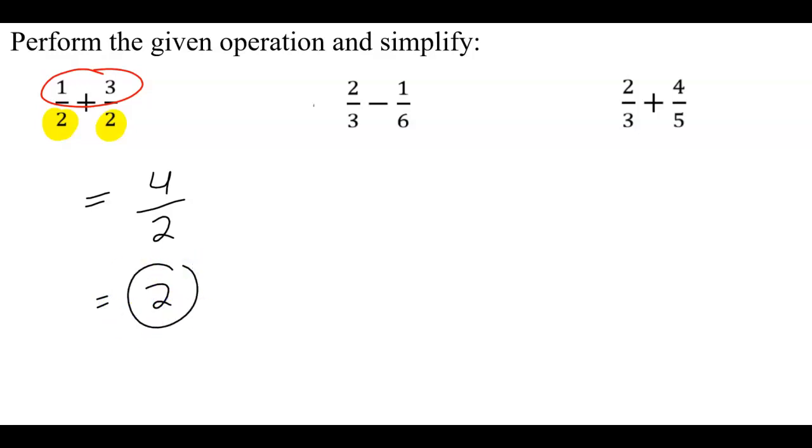On the second example here, we do not have a common denominator. So what we have to do is multiply both the numerator and the denominator by a number so that the denominators become the same. In this case, our common denominator will be 6 because 3 does multiply into 6. So you have to ask yourself, what do I need to multiply 3 by to get 6 so that it is common?